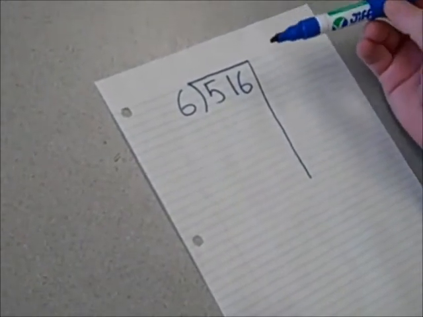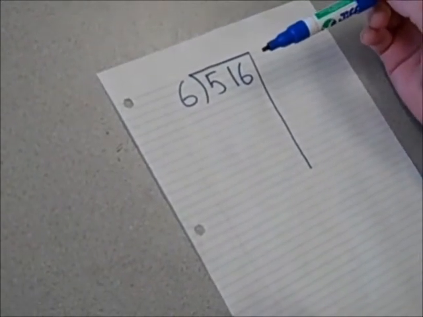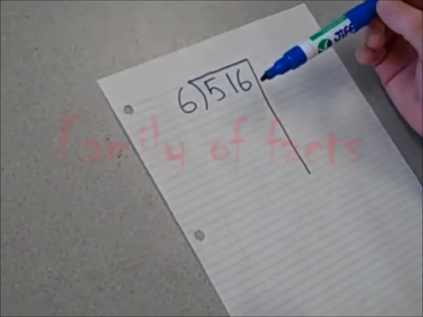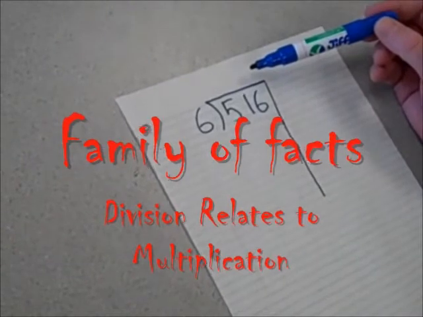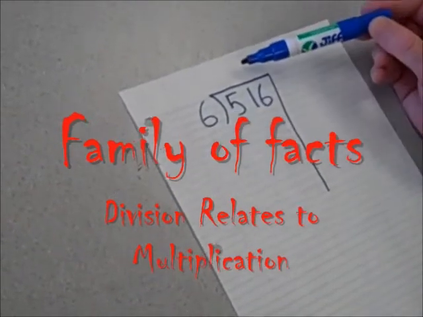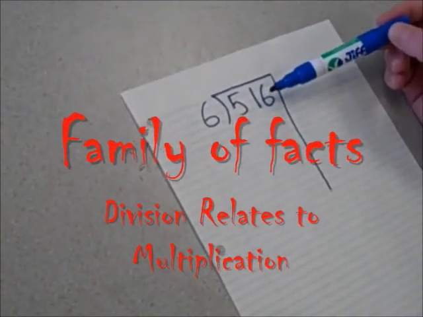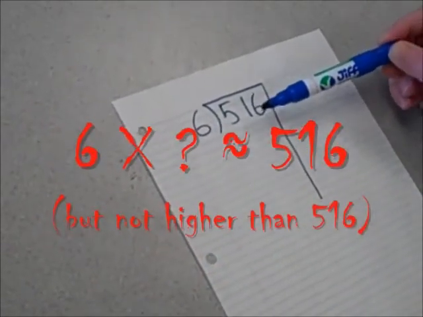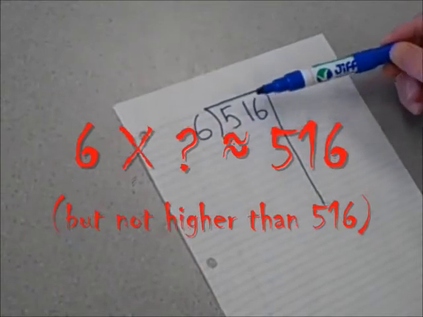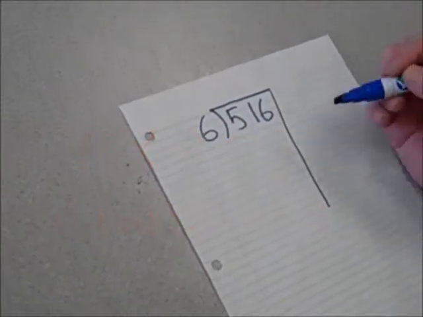So to start, I'm going to think of the fact that there are families of facts. 516 divided by 6 equals something is in a family of facts with 6 times something equals 516. So I'm going to think 6 times what can give me a number that's close to 516 but not higher than 516.